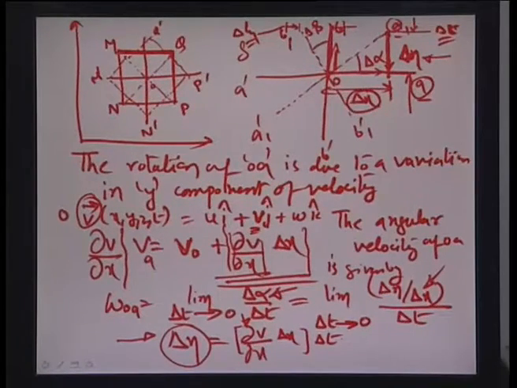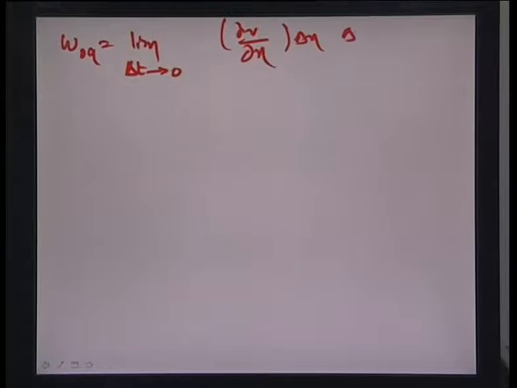So, if I put this value of delta neta, let us say this is equation 2 and this is equation 1, from equation 2 into equation 1, let us see what the value of omega OA finally becomes. So, omega OA in that case is limit delta t tends to 0 of del v by del x times delta x times delta t by delta x, divided by delta t, which is nothing but dv by dx.